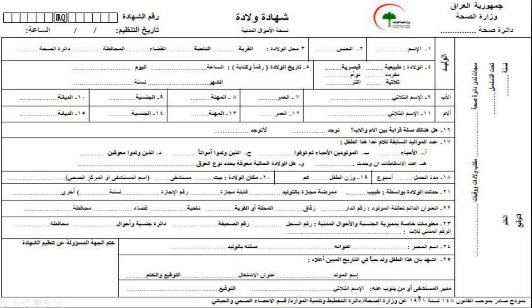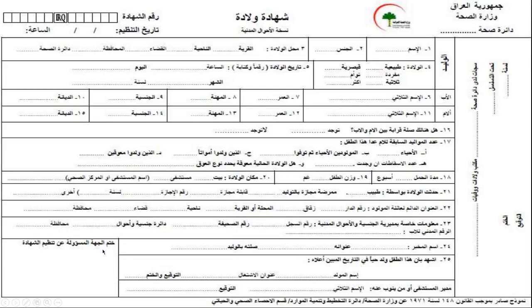Next is مدير المستشفى أو من ينوب عنه, which is translated to the manager of the hospital or their deputy, or vice, but we use deputy in this case because it's more semantically and pragmatically correct. It's more correct to say their deputy. So it's full name and signature.